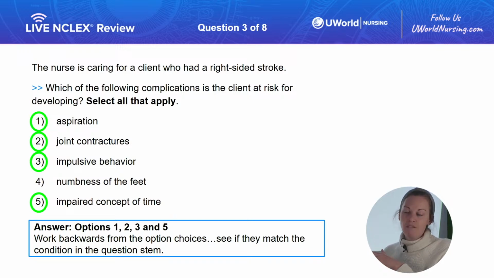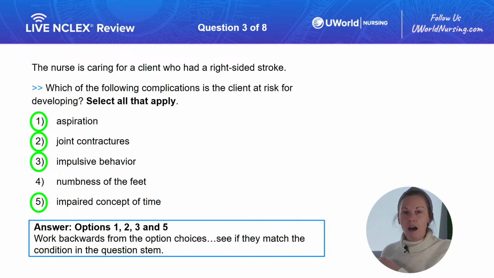So if we have a right-sided stroke, we're more likely to have difficulty with spatial perception, an impaired concept of time, impulsivity, and left-sided hemiplegia, where the side impacted is opposite to the side of the brain. Whenever we have any type of hemiplegia, we can be at risk for joint contractures. So that's really what we see in options 2, 3, and 5. Those are just our general complications associated with right-sided stroke.